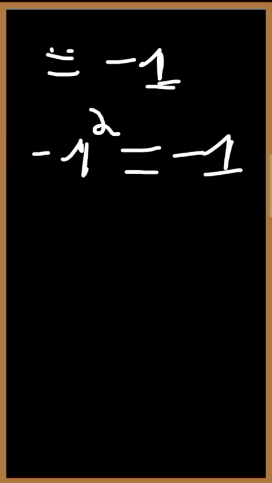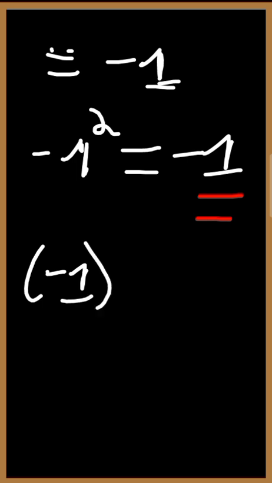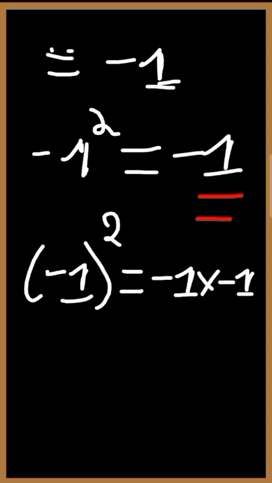We underline the answer. But in a case where we have negative 1 in bracket, all this squared, it simply means we have to take negative 1 and multiply it by itself, which is negative 1 times negative 1, and that is simply equal to 1.